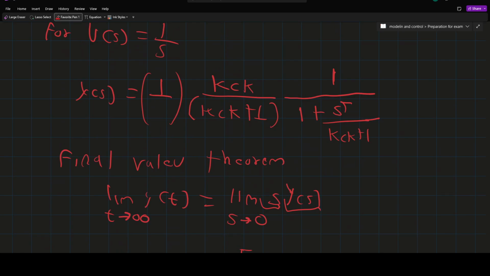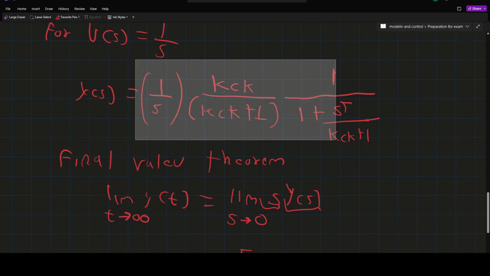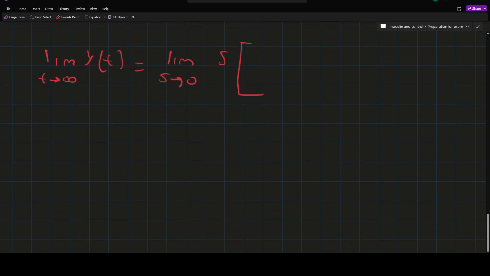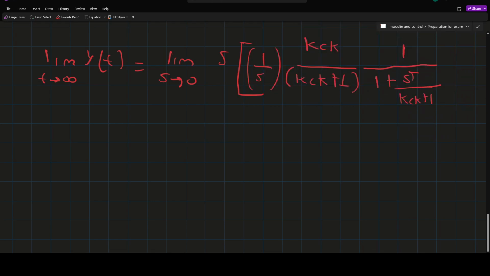This is not a 2, this is an s. The s and this s cancel, and these two always cancel when we have a unit step input. When s goes to 0, this part goes to 0 and we have 1 over 1, so it's just 1.